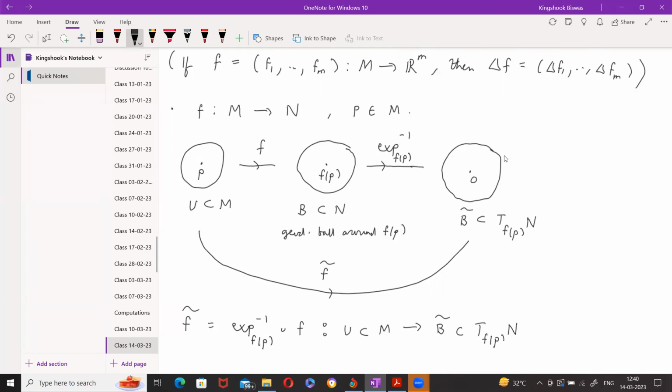So this is mapping into a vector space, right?